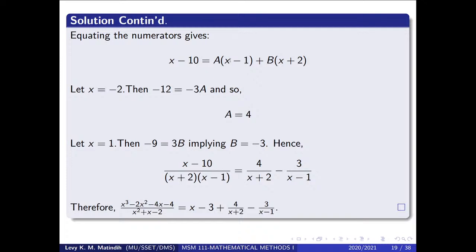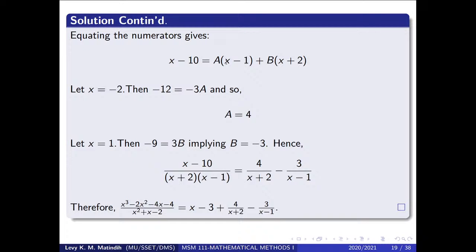If I substitute x with positive 1, my aim is to make a vanish. How can a vanish? Vanish means disappearing. How can I make a disappear? By substituting x with positive 1, I will make a vanish.